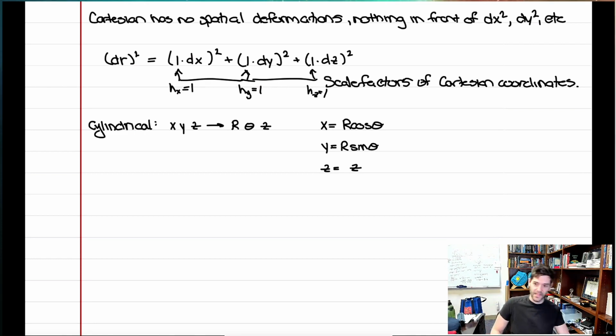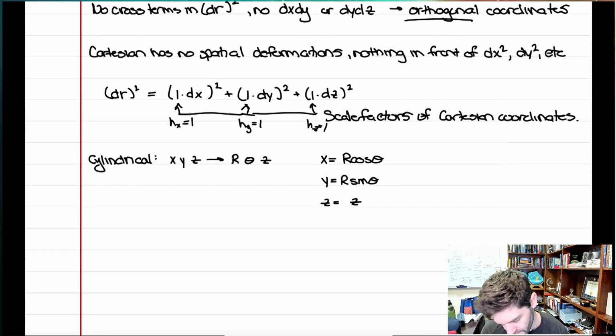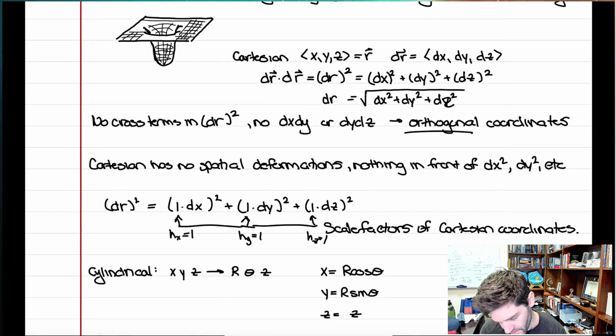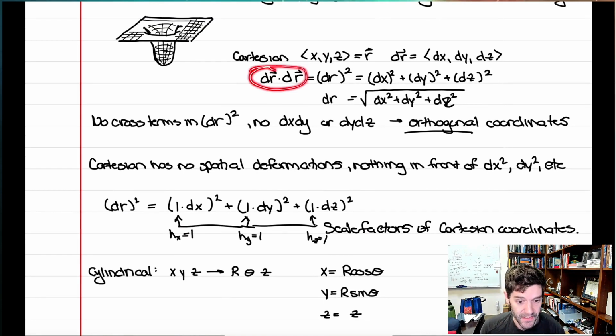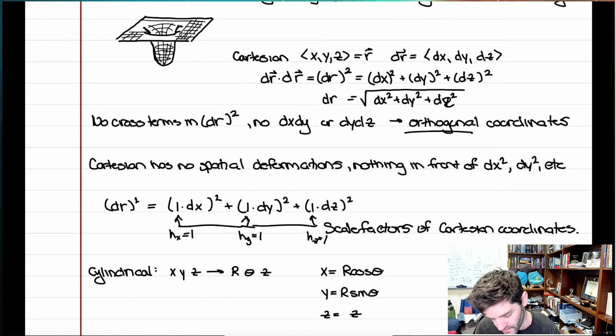It sticks with the same Cartesian. To compute the scale factors, you want to compute dr dotted with dr. So we want to write dr first in cylindrical coordinates, and then when we take the dot product, we can see whether there are cross terms, and what's going on.